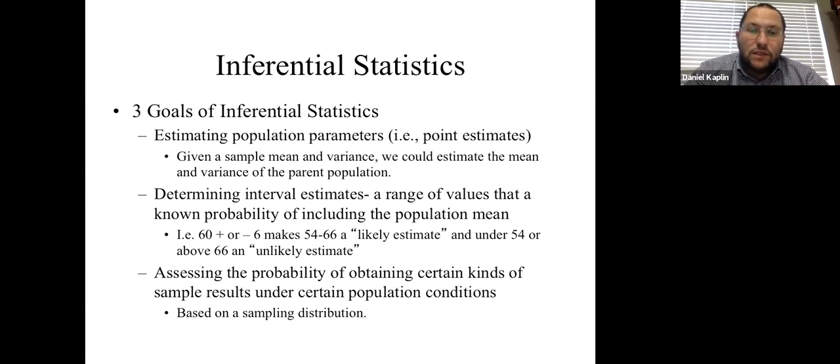We can also determine interval estimates, or confidence intervals, which is a range of values that the population score likely falls into. So for example, if I had a score of 60 plus or minus 6, that would mean that in all likelihood, the population score falls between the range of 54 and 66.